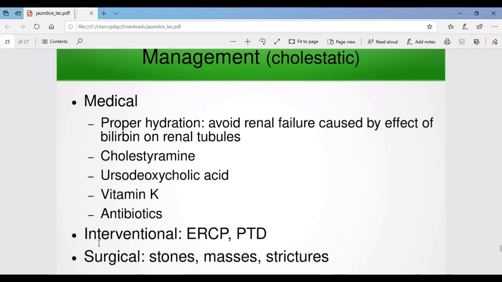If we send the patient to the surgeon or to the endoscopist for ERCP, we need this patient not to bleed during the endoscopy or the surgical procedure. So we have to give him vitamin K, and we give the patient antibiotics in inflammatory conditions like cholangitis. I hope that it was clear.